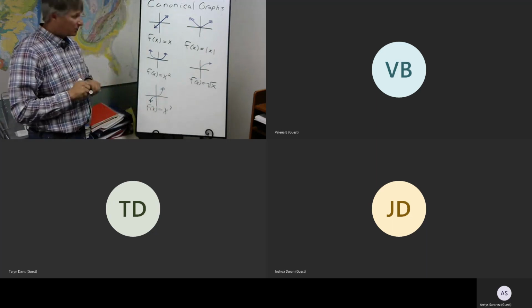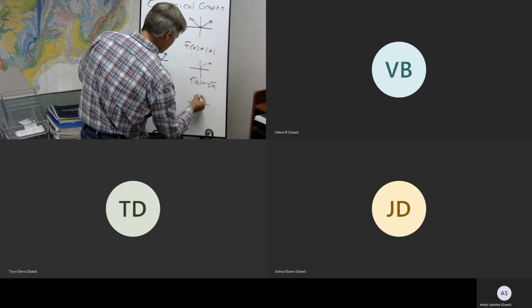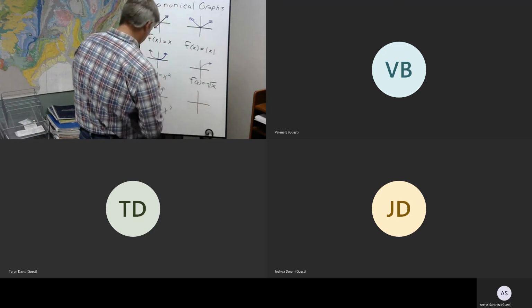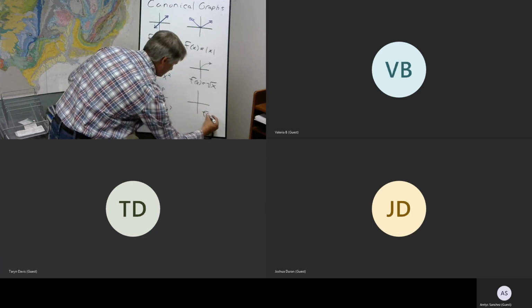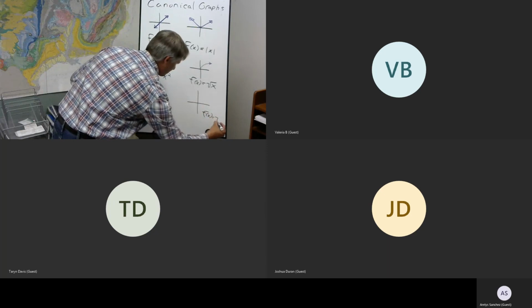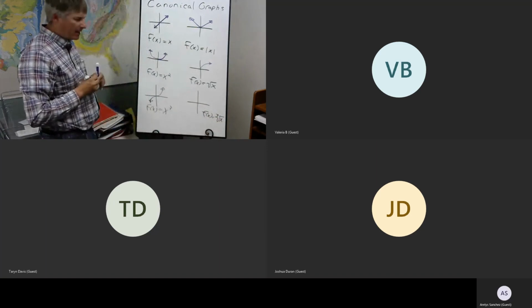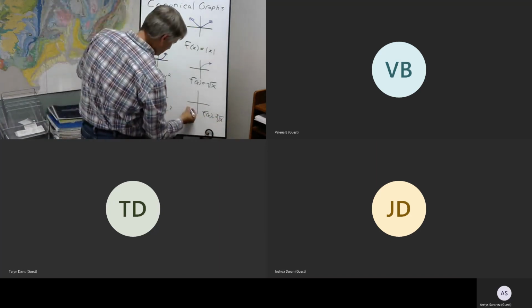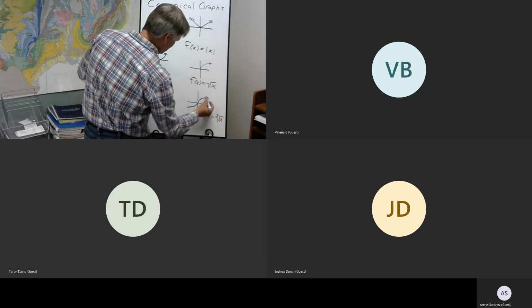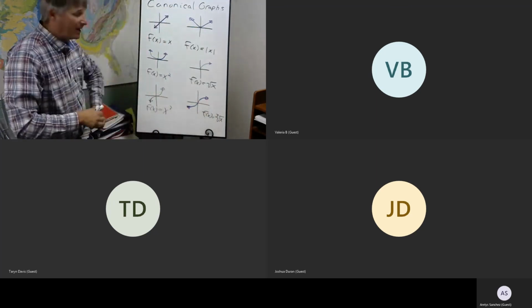F of x equals x cubed. We haven't talked about cube roots yet, but we'll get to those. That's the cube root of x.